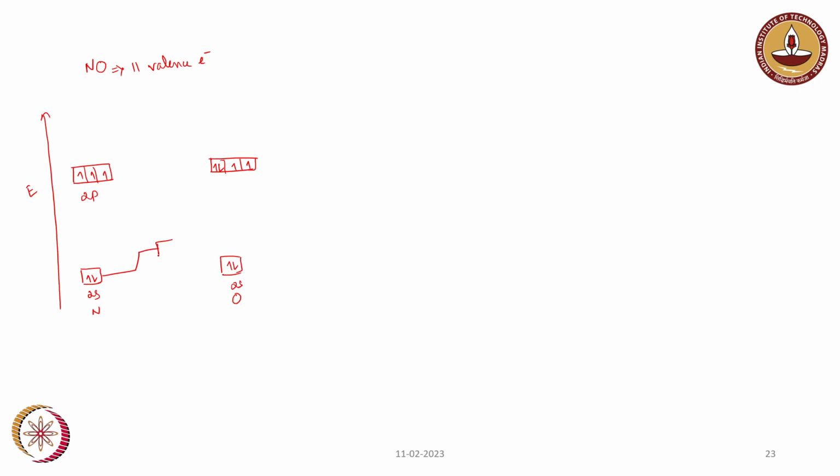In NO there are 11 valence electrons. So this forms sigma and sigma star.